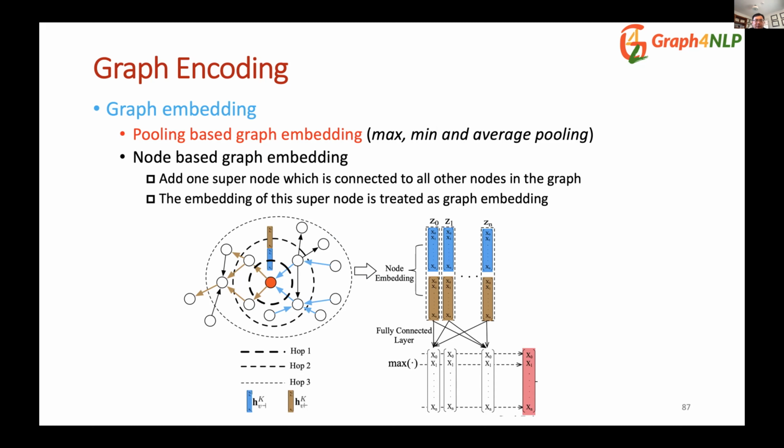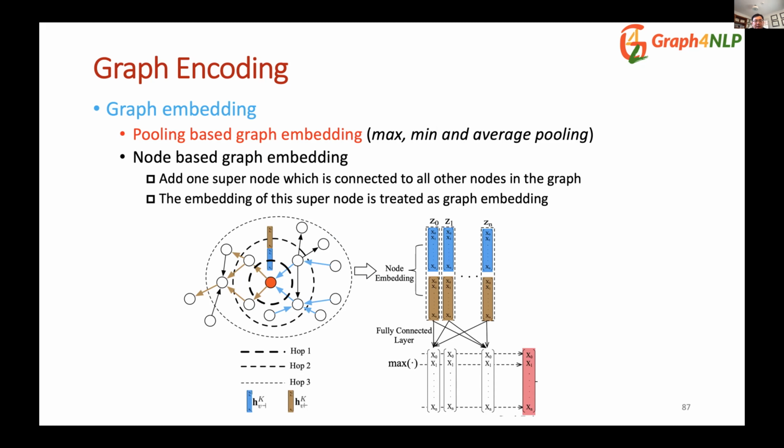Here you insert a super node into the graph and use this node to connect to all the other nodes. Then you can run any GNN method to generate a node embedding for this super node, and treat it as the graph-level embedding.